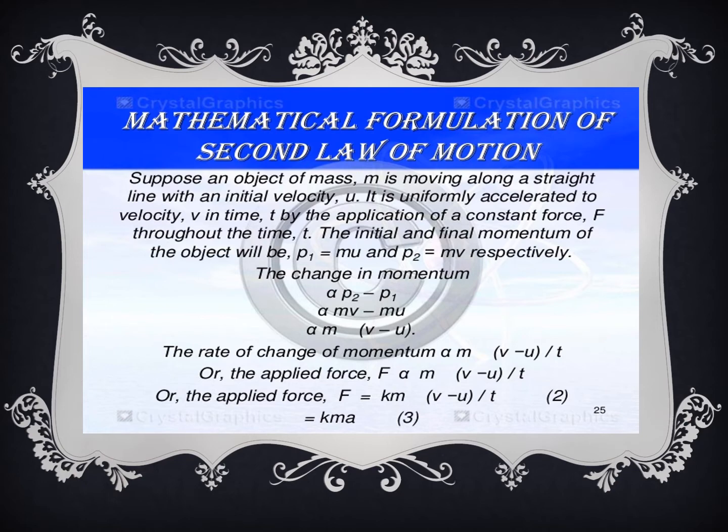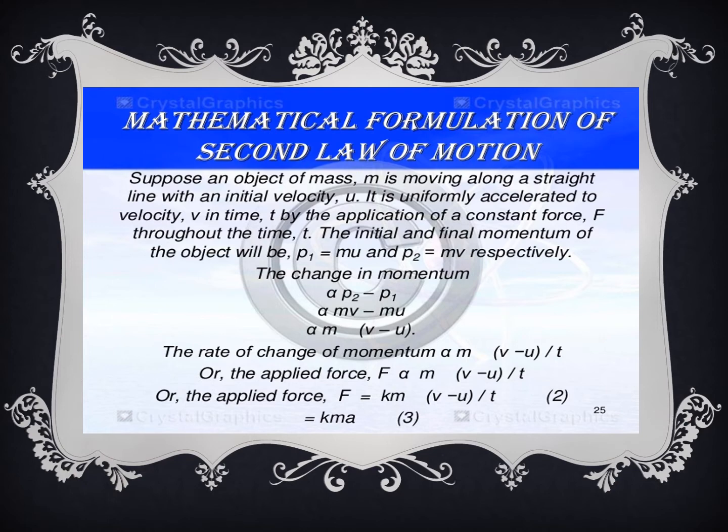So the initial momentum is represented by P1, that is P1 is equal to mass into initial velocity. So the mass is represented by m and initial velocity is represented by u, that is P1 = mu, as you can see in the image.